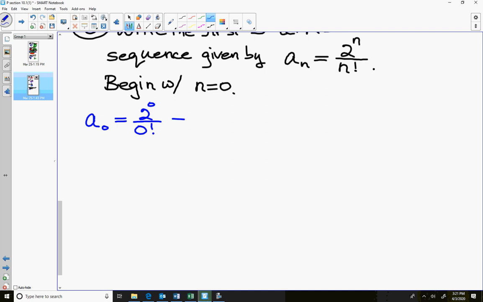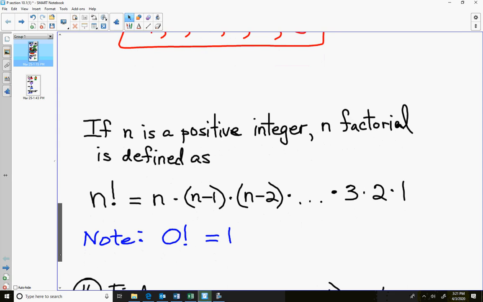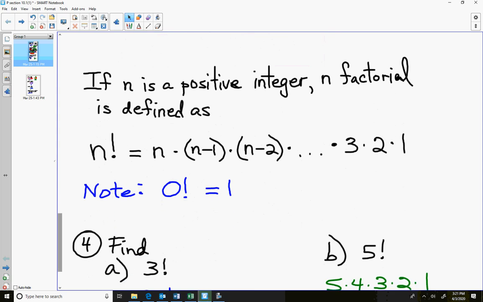Anything to the power of 0 is 1. 0 factorial is 1. In case you have forgotten, note 0 factorial is 1. So just know that.